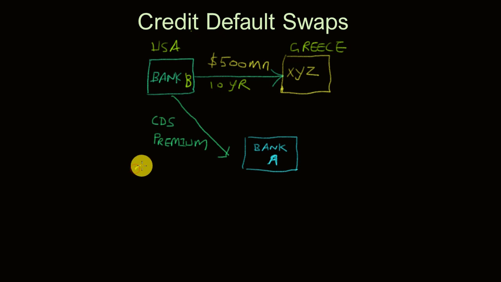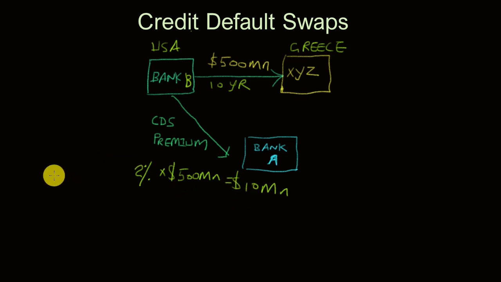So for example, let's assume the premium is 2% on the notional. Notional is $500 million. So that equals $10 million. So the way it works is Bank B has to pay Bank A 10 million. This is just an example, $10 million every year.